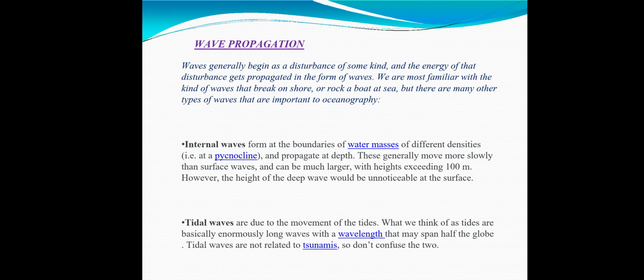Now we will discuss how waves propagate. A wave generally begins as a disturbance of some kind, and the energy of that disturbance gets propagated in the form of waves. We have discussed earlier that water doesn't actually move; the energy transmits from one point to another on a water surface.